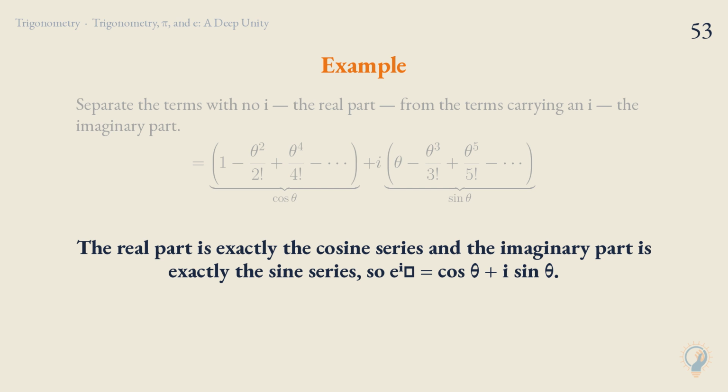The real part is exactly the cosine series, and the imaginary part is exactly the sine series, confirming that e to the i theta equals cosine theta plus i sine theta.